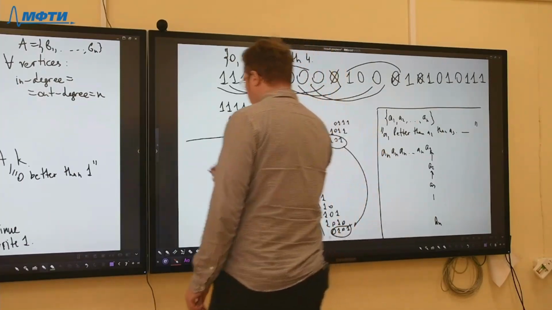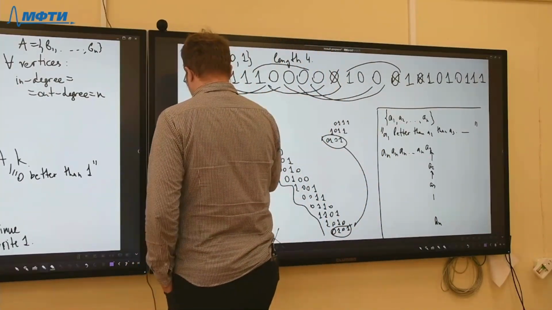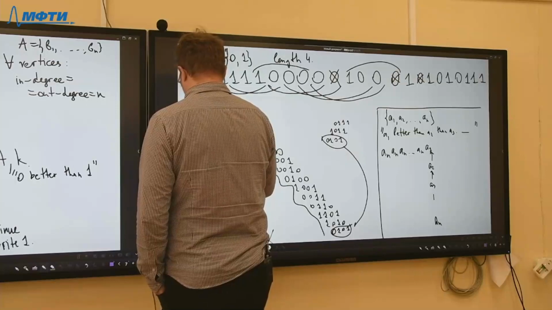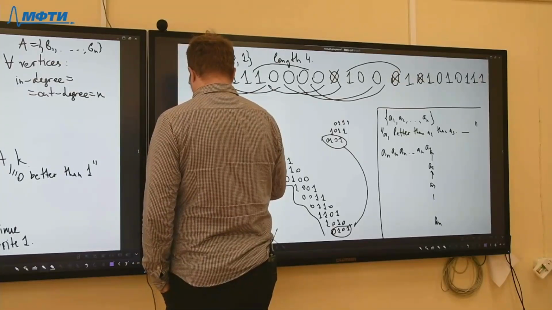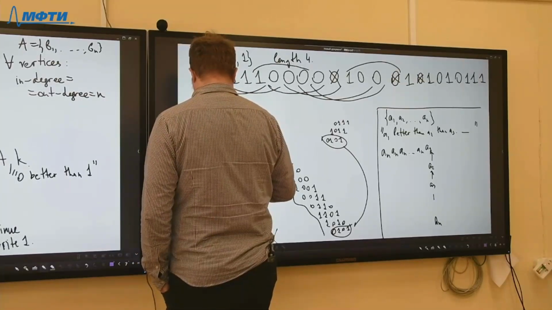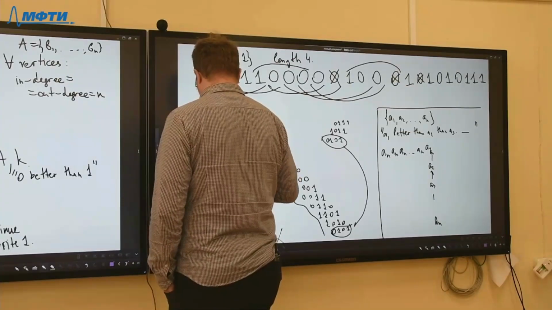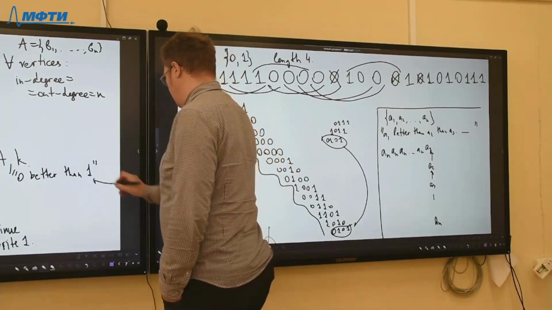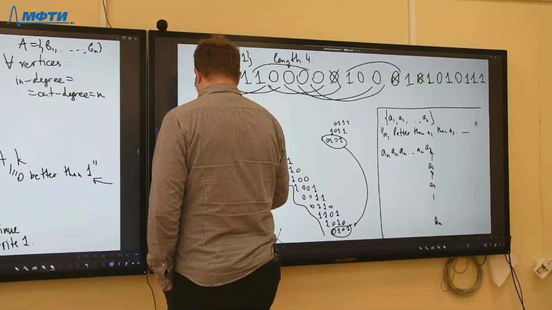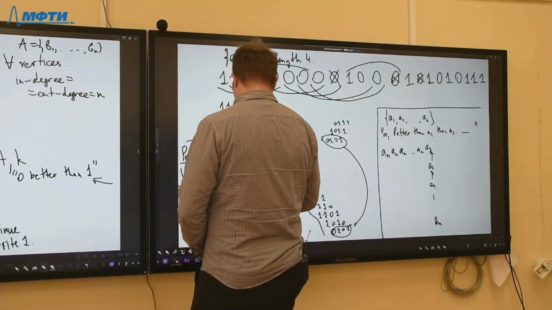So the proposition: we will obtain a De Bruijn sequence.